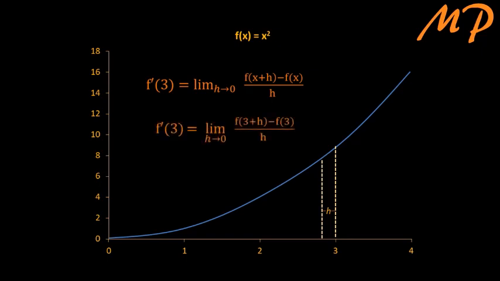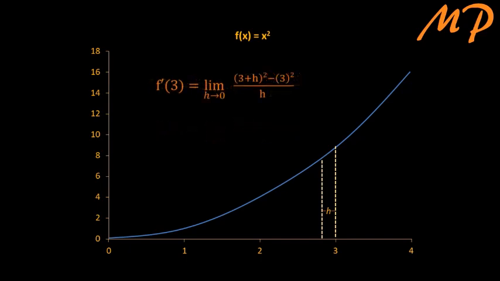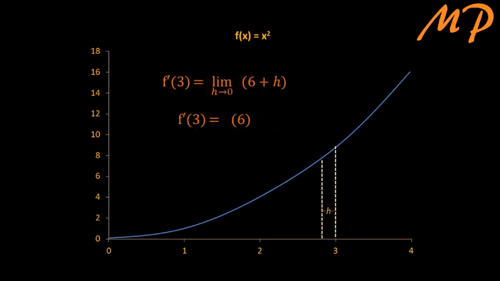In our case, we know that x is 3, and since f of x is x squared, we can expand our expression. Over here we found out that the derivative of the function when x is 3 is equal to 6.